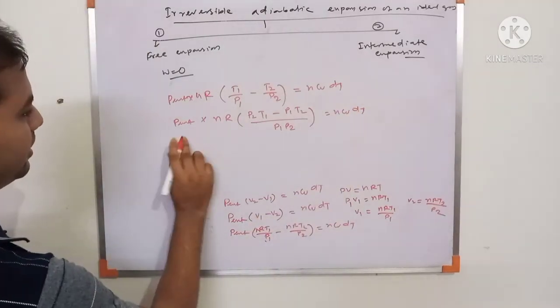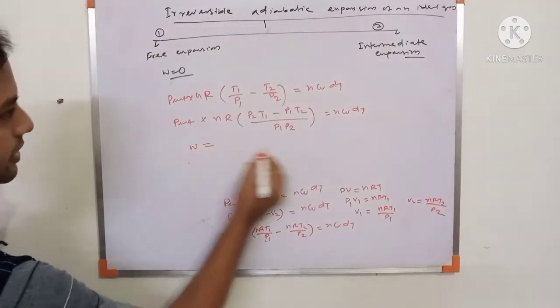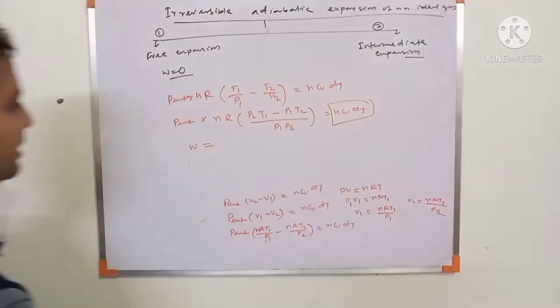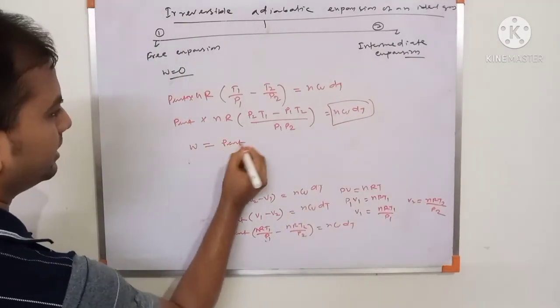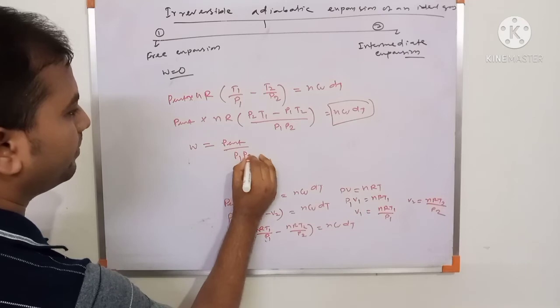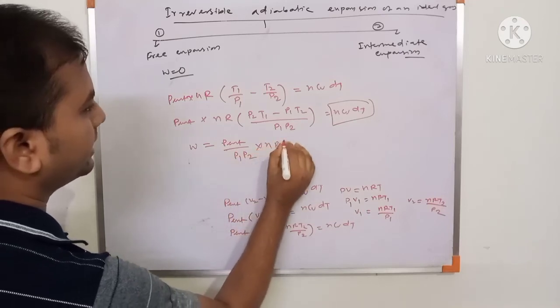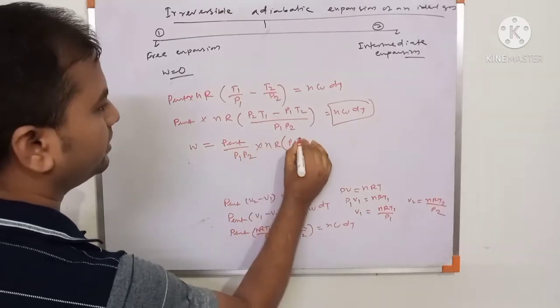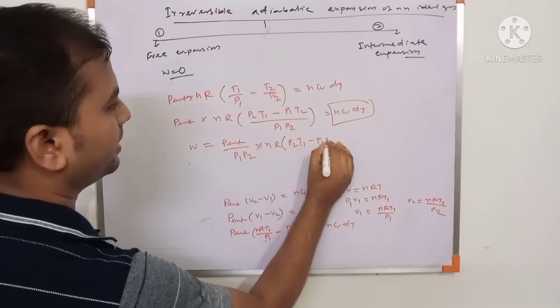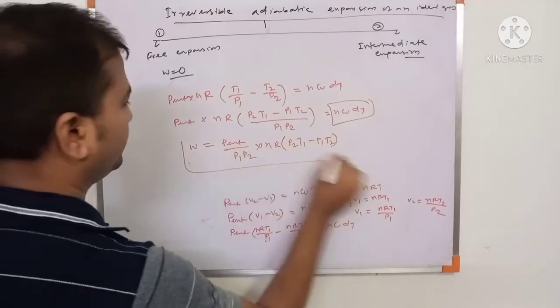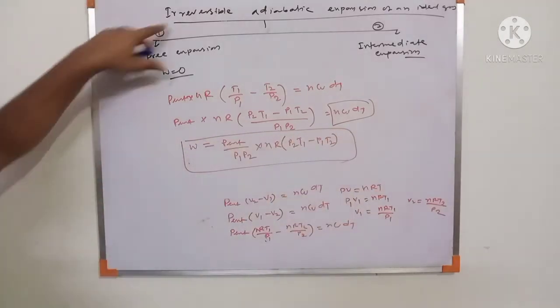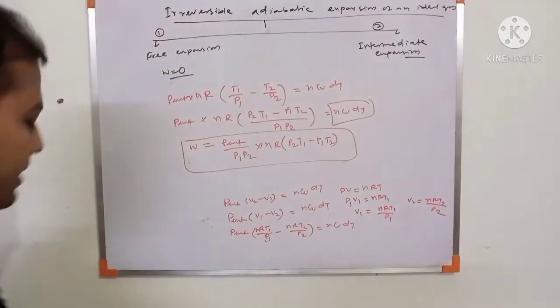So work equal to P external by P1 P2 into nR, this is P2 T1 minus P1 T2. So this is the equation for irreversible adiabatic expansion of an ideal gas.